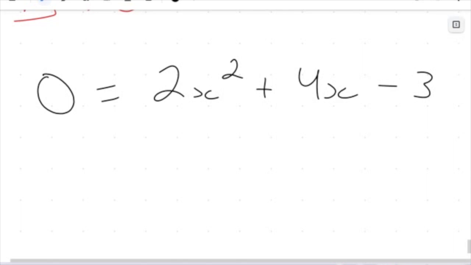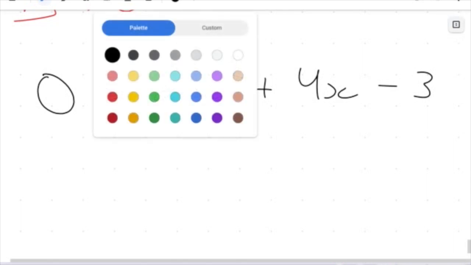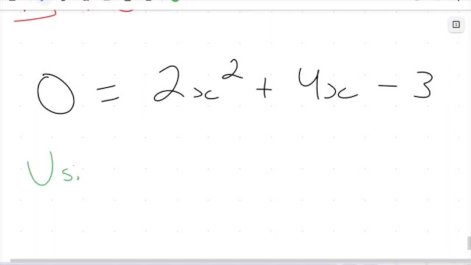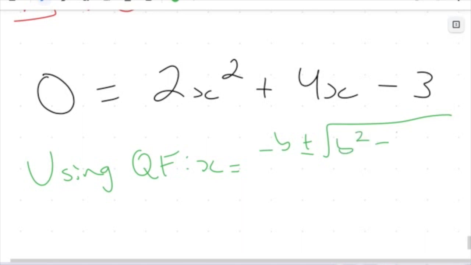And I'm going to find these, as the video says, using the quadratic formula. So using the quadratic formula, x equals minus b plus or minus the square root of b squared minus 4ac all over 2a.